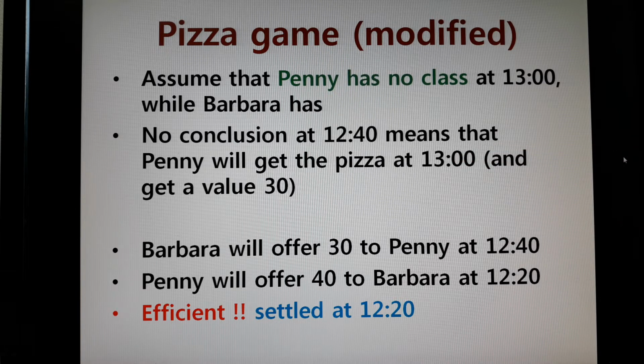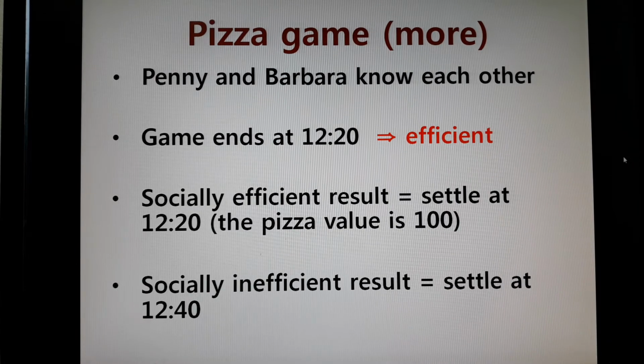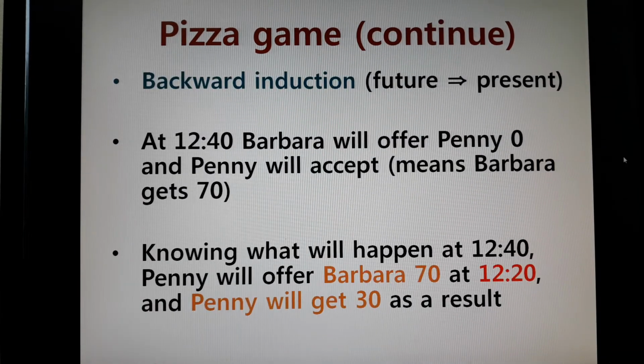Okay? And this result is different because in the previous game, let's go back there. When both of them have a class at 1 o'clock, Penny will offer Barbara 70, and Penny said, okay, I'll have 30, you get 70.